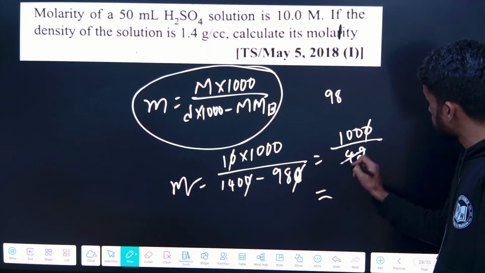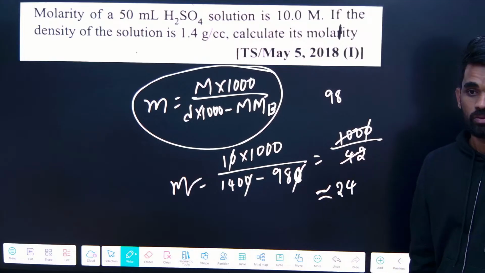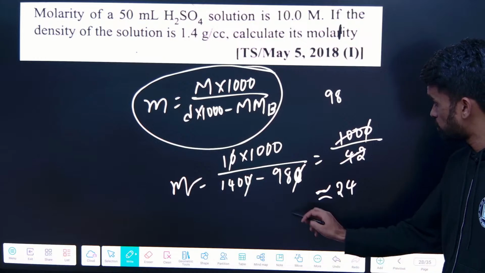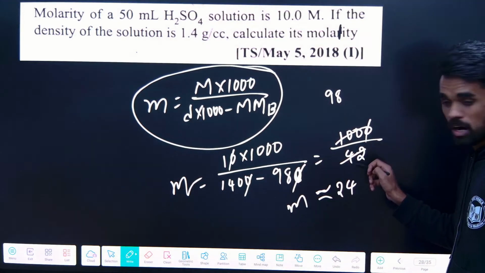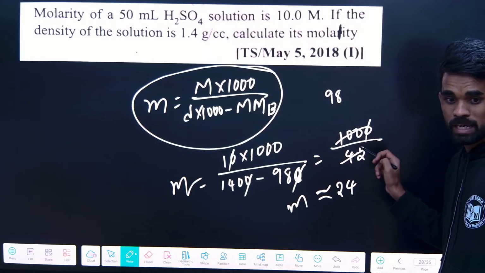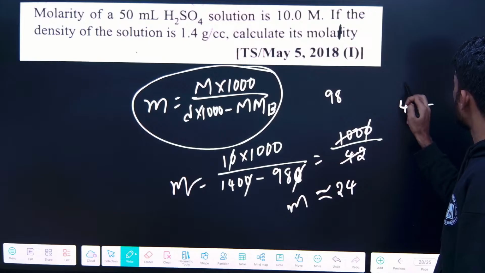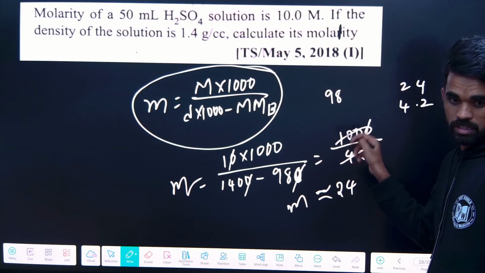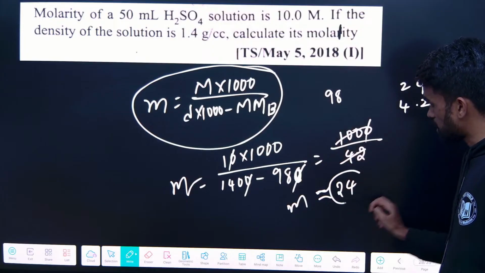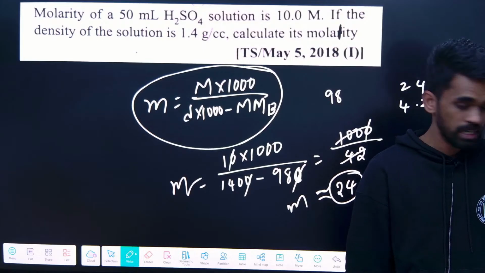So you are going to get approximately 24. See, 1000 by 42 I can write as 100 by 4.2, and 4.2 into 24 gives a value around this. That's why I am taking it as 24, the nearest number. Is that clear or not?